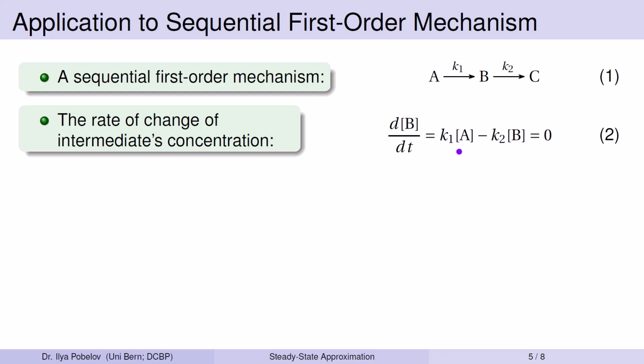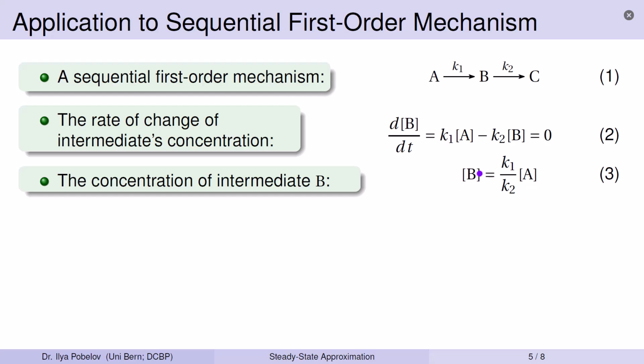This leads us to the equation k1 times the concentration of A minus k2 times the concentration of B equals 0. From this equation, we can deduce that the concentration of intermediate B equals k1 over k2 times the concentration of A.